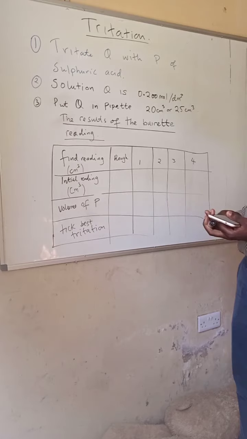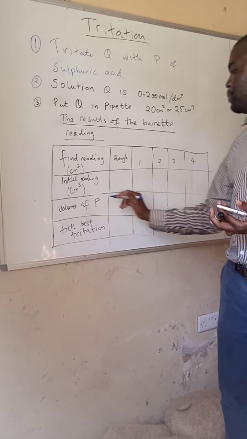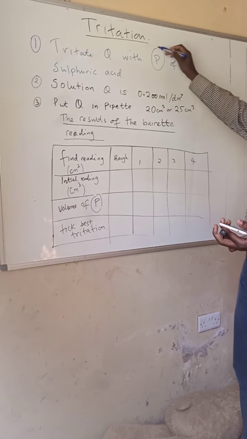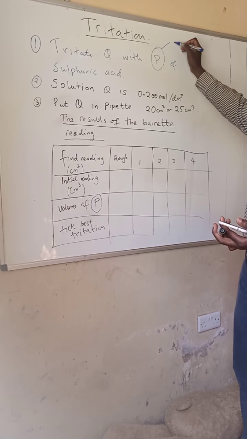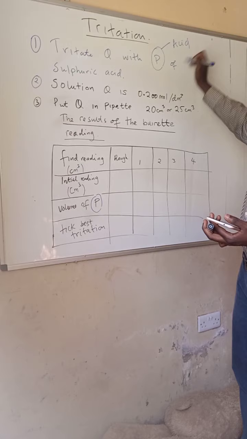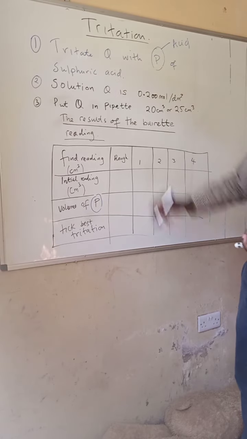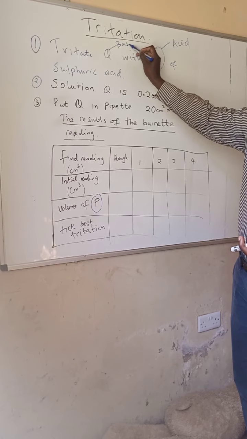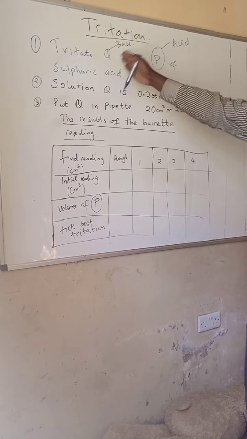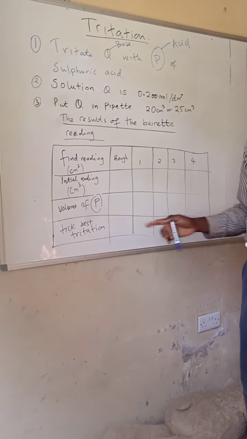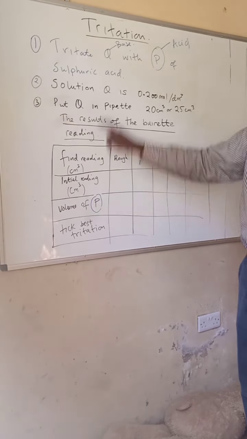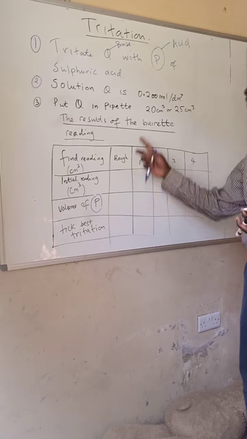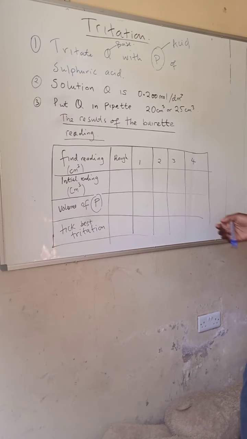The letter is P. The letter that is in the table is always the acid. So meaning this P is the acid. If P is the acid, meaning Q is the base. If it was Q here, meaning Q would be the acid. The letter that is in the box is the one that is in this titration box.